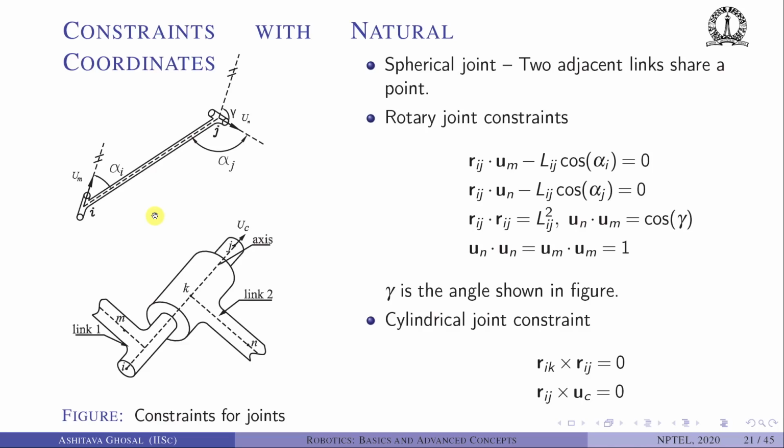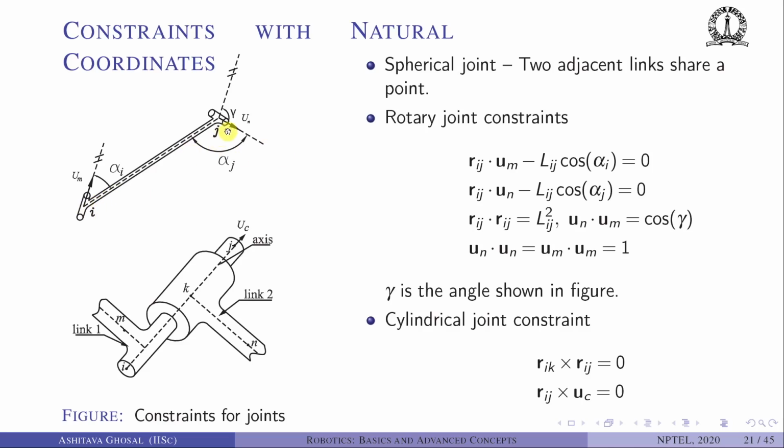Is that true? Yes, because Rij dot un will be equal to some length into cos of this angle. Similarly, this vector Rij dot product with this other joint axis will be equal to Lij into cos alpha j. Again, the standard formula for dot product.